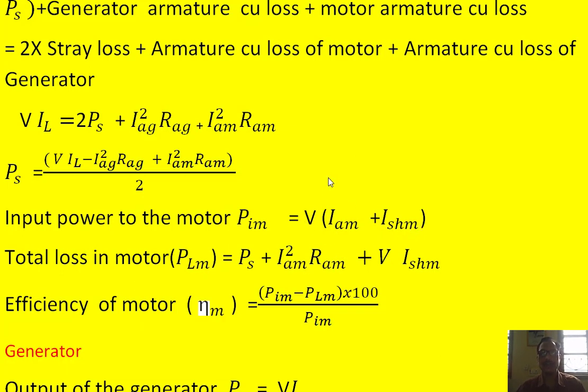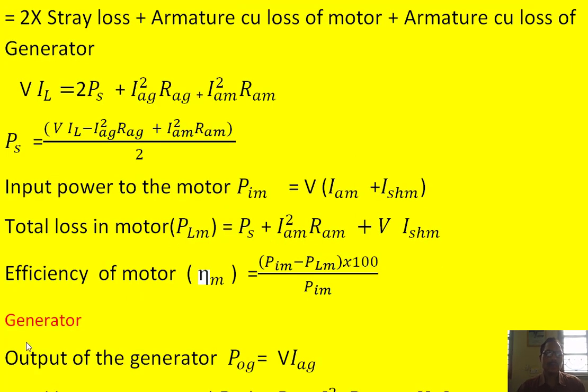So that is V into IAM plus ISHM. So total loss in motor, we represent with PLM, which is equal to stray loss plus armature copper loss of the motor plus field copper loss of the motor.